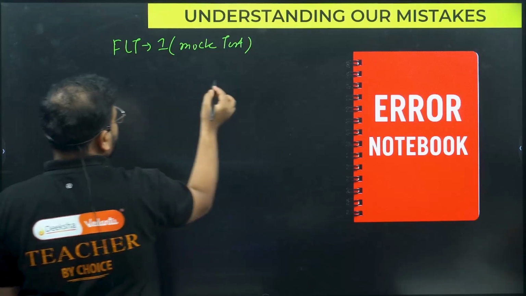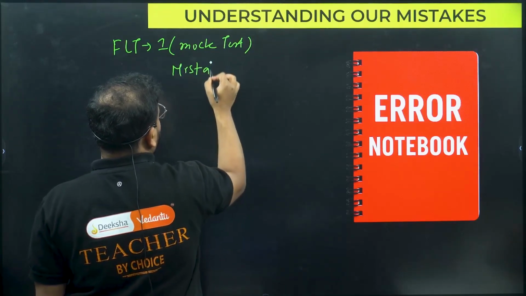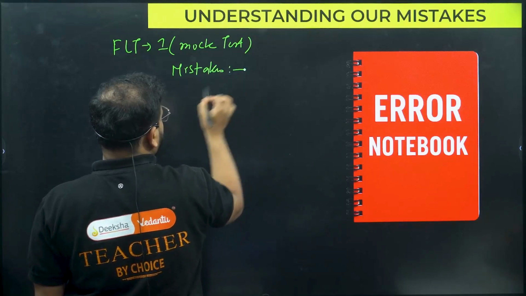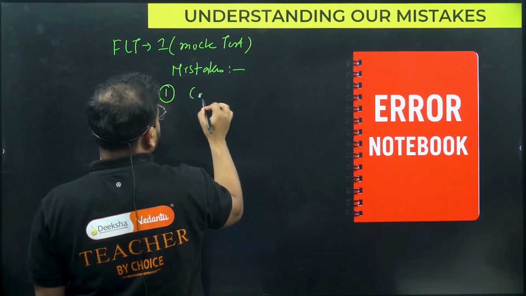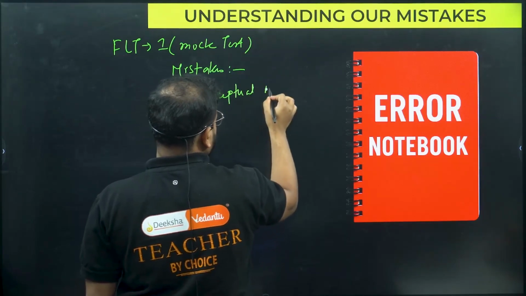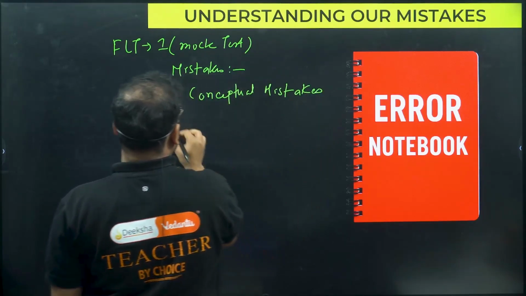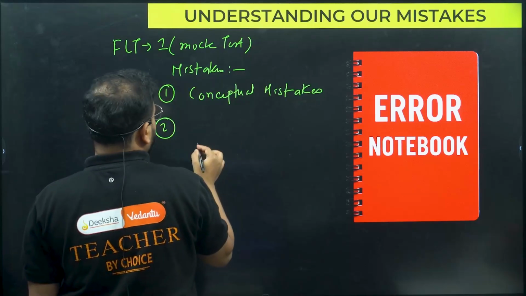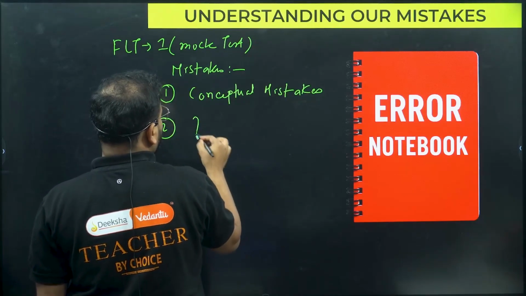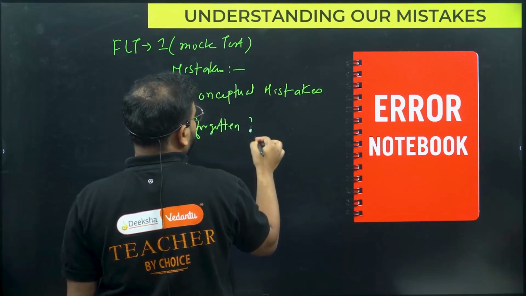Now the mistakes you see here, any mistakes made by us will be of different categories. Category number 1 is called conceptual mistakes. Second one is based on formula, forgotten formulas.